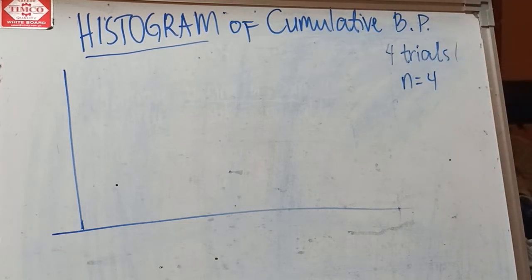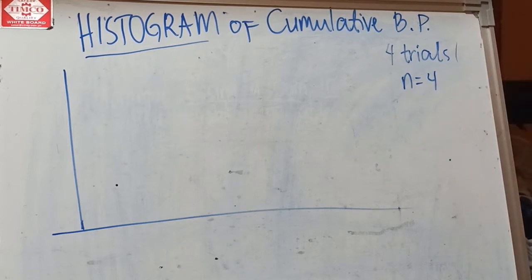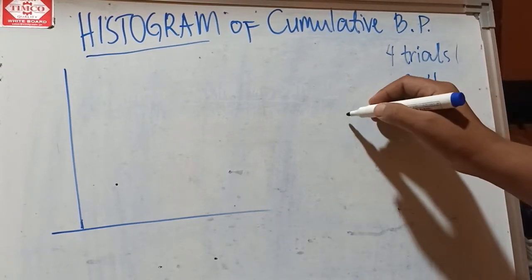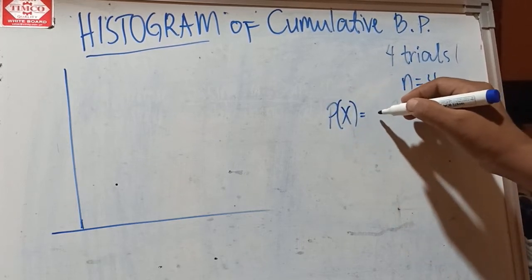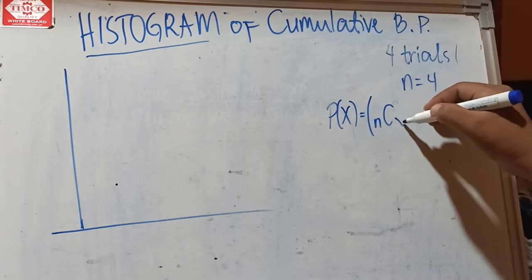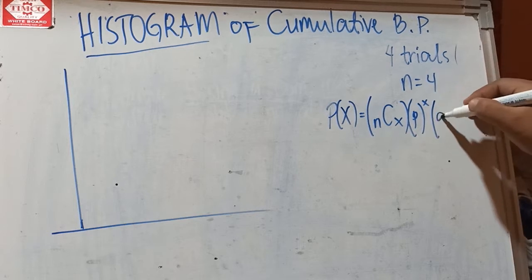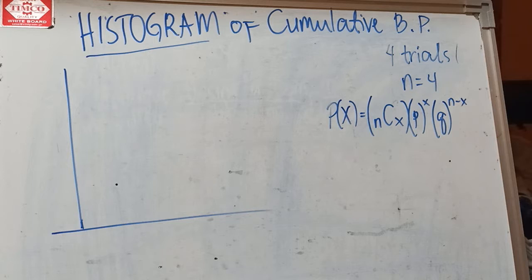Whatever it is, whether head or tail is being looked for, as long as you have the n, then you know what to do. So we use the binomial formula, which is P of x equals nCx times p raised to x, and q raised to n minus x. So that is the formula.